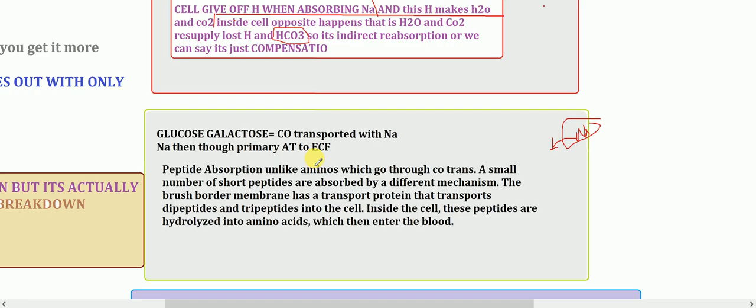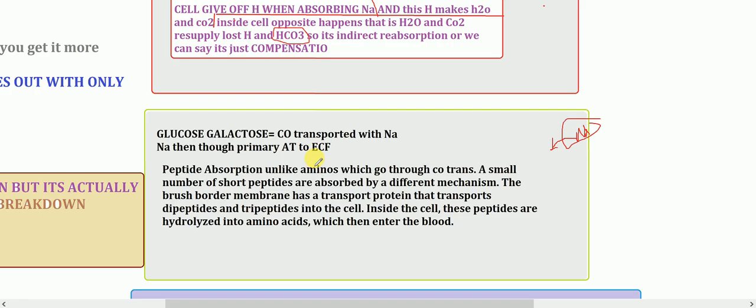Okay, now let's talk about peptide absorption. Now, this point you have to look at with a very clear lens.